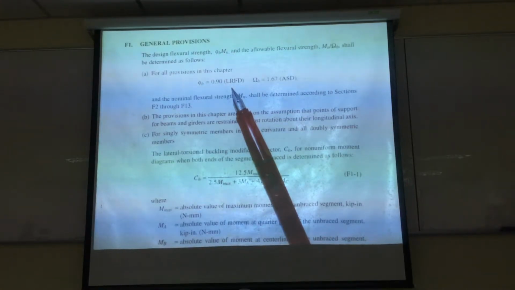One part gives you safety against the imperfection of the member during construction. So you don't expect 100% of the capacity you design, you reduce the strength. You have another part, which is the load factor. The load factor is the part that magnifies your load. So you have 1.2 dead load and 1.6 live load.